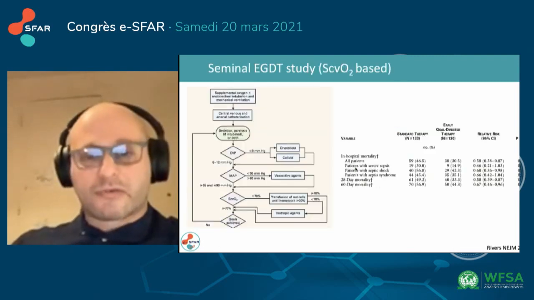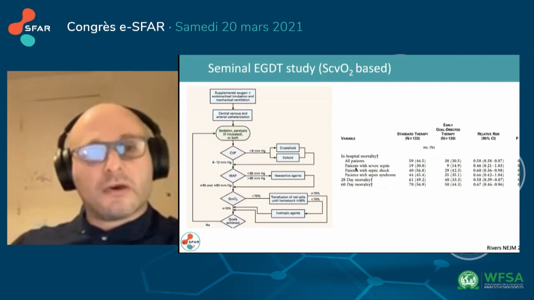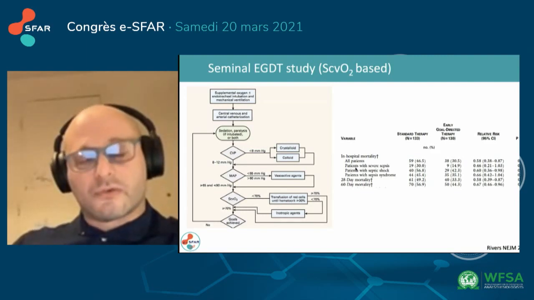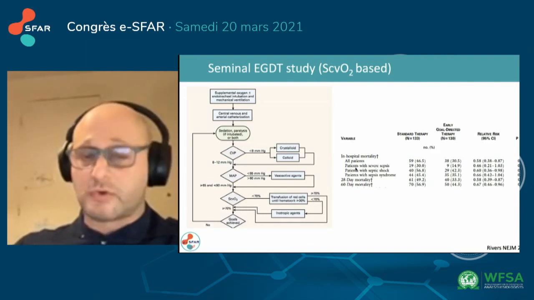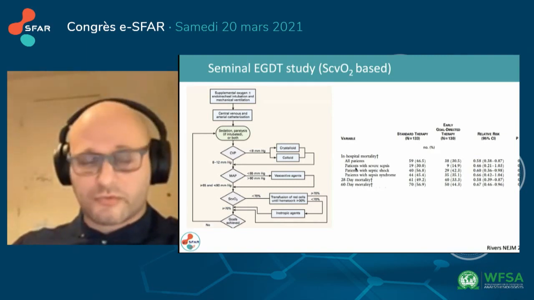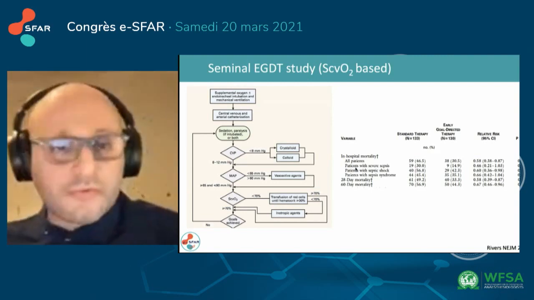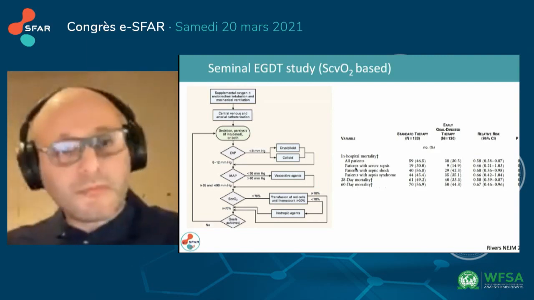And all of those aspects were addressed in the seminal study by Emanuel Rivers, which managed extremely ill septic shock patients presenting straight to the emergency department, where they had a central venous catheter with continuous ScvO2 measurement.